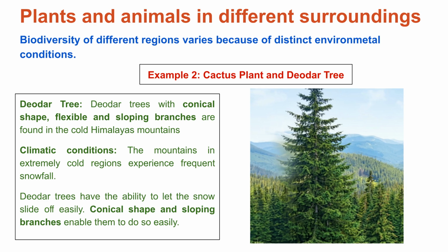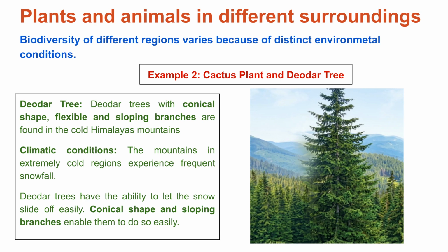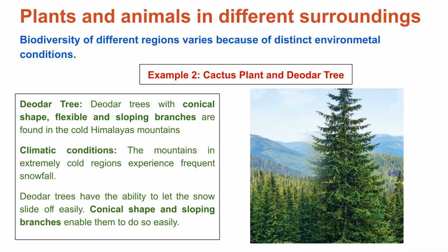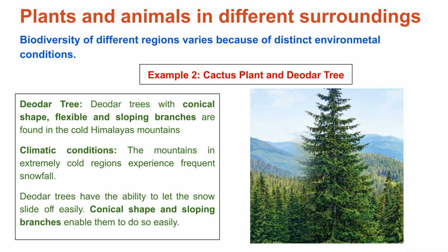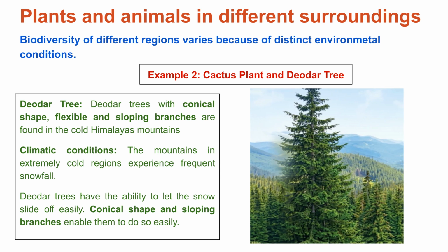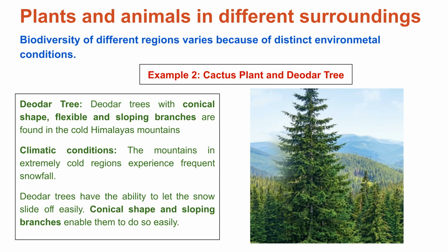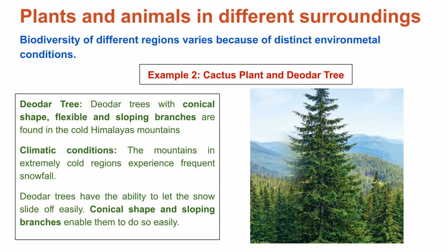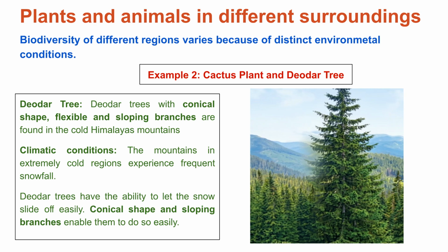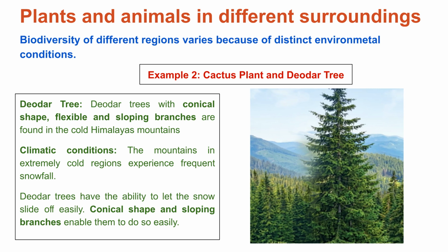However, if you see the Deodar tree, which is generally found in colder regions like the Himalaya, it has very different shapes, like conical shapes and flexible, sloping branches. As you can see, the mountains are an extremely cold region, and experience frequent snowfall होता रहता है वहाँ पे, तो इसके लिए जो trees होती हैं, they should have those structures जो उन snow को अपनी leaves से झाड़ सके.